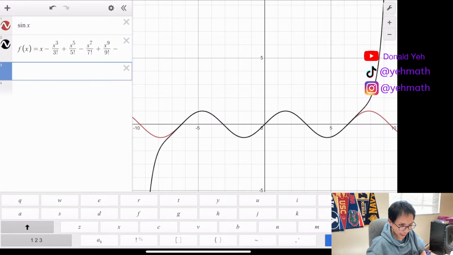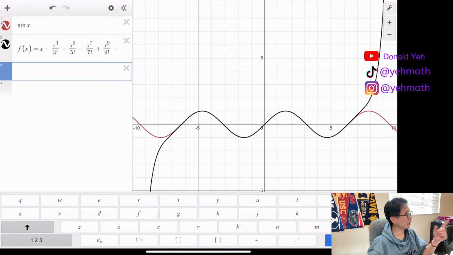Now, not only that, this is f of x, right? Imagine if I were to take a derivative of this particular function. If I take a derivative of x, what am I going to get? 1. And if I take a derivative of x cubed over 3 factorial, I'll get x squared over 2 factorial.